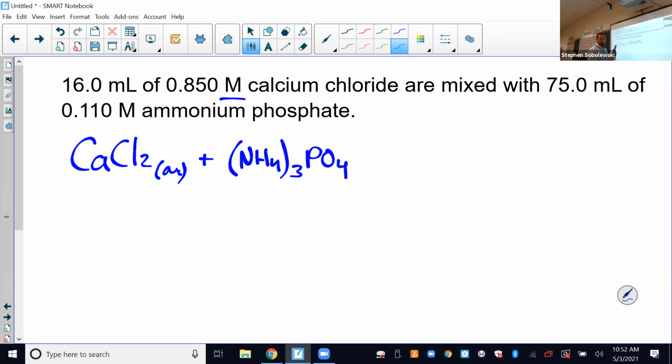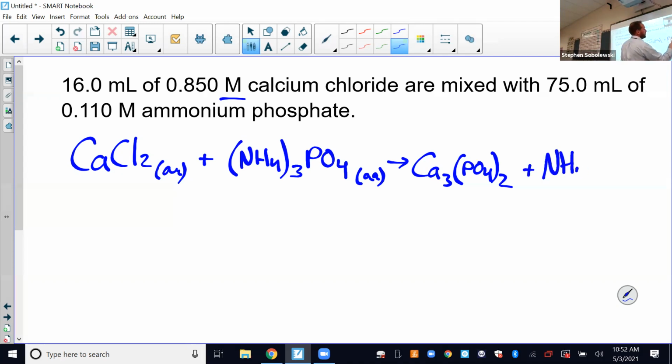And again, because I told you the molarity of it, it means it has to be a solution, which means it has to be aqueous. All right, double replacement. So calcium bonds with phosphate, giving us Ca3(PO4)2. Ammonium bonds with chloride, giving us NH4Cl.